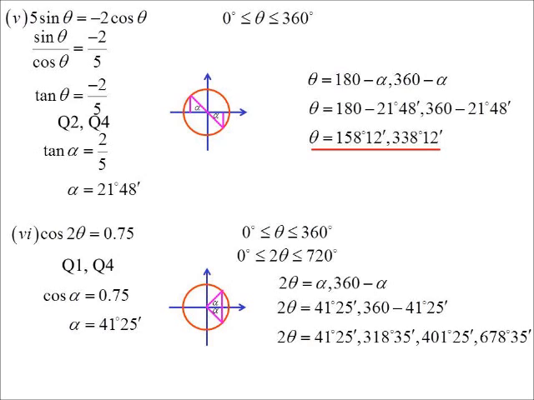So I got 41.25, add 360, I get 401.25. 318.35, add 360, I get 678.35. But that's 2 theta. So the final step for this question, divide by 2, and all of those 4 angles now come between 0 and 360. So 4 solutions for that particular problem.